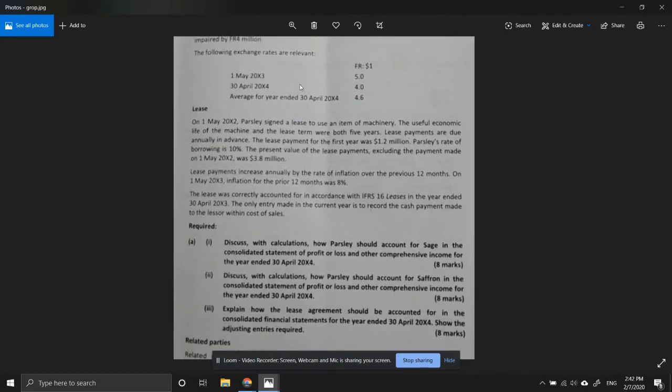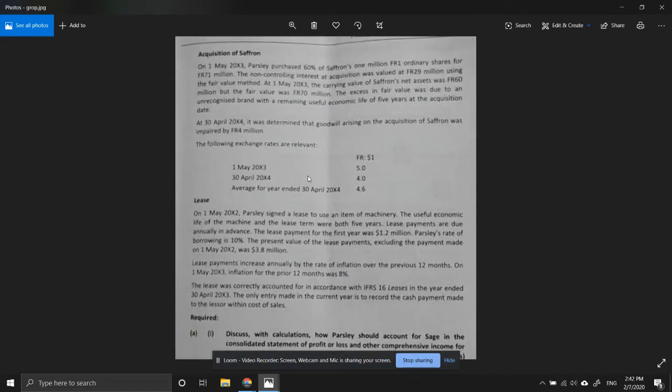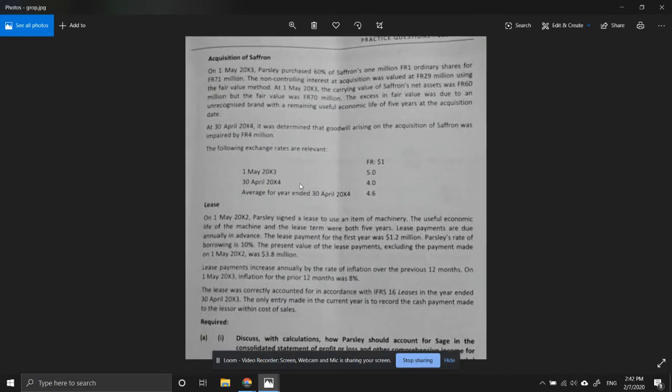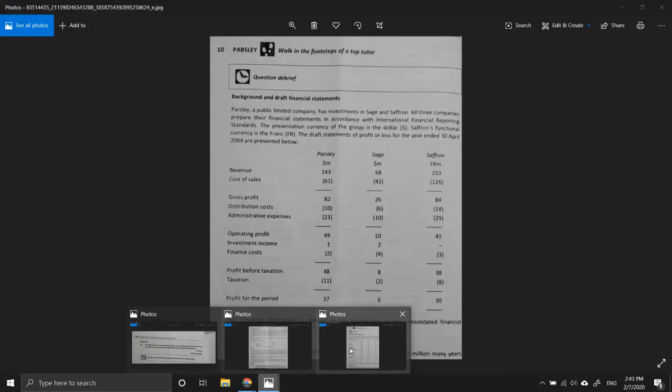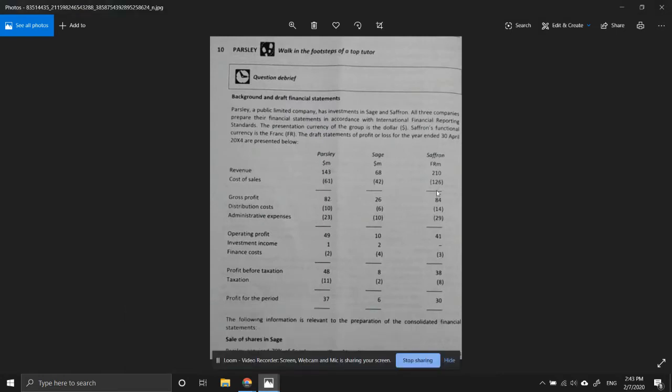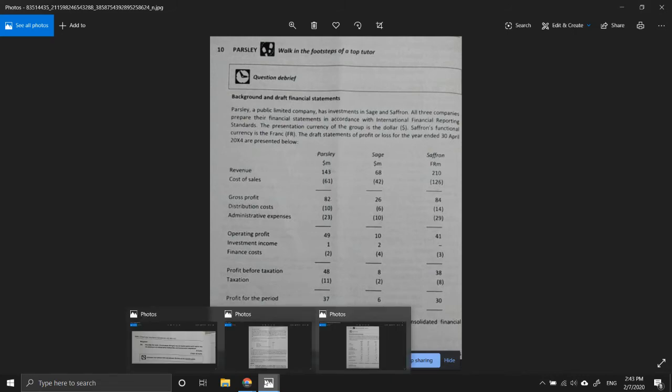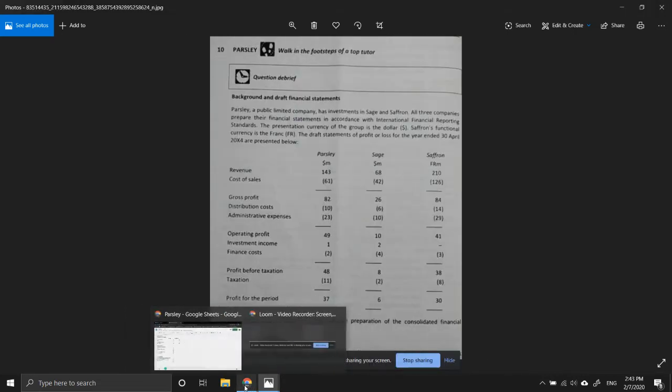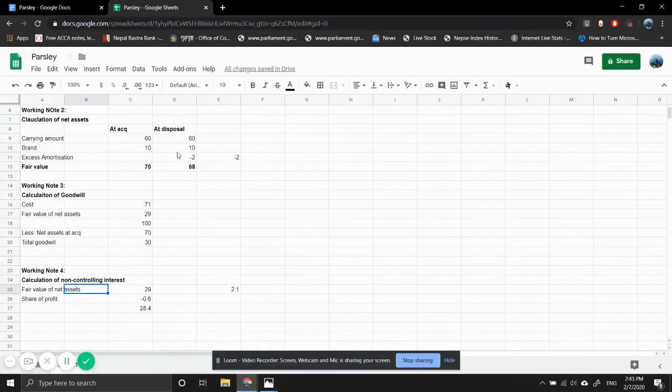So how should this affect that figure? What we need to do is, we already know that Saffron's profit for the year is 30 million, so it needs to be deducted by 2 million for the excess thing, right? We don't know about this fair value as well, because we are not given any clear information on that.